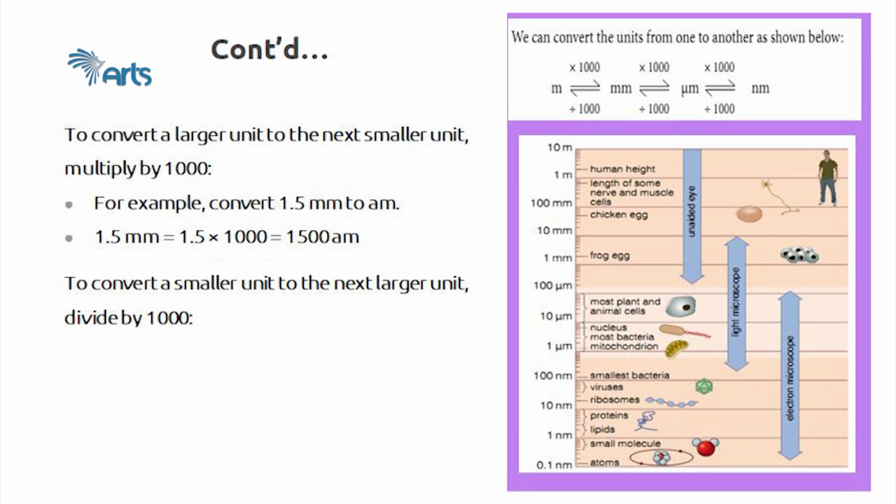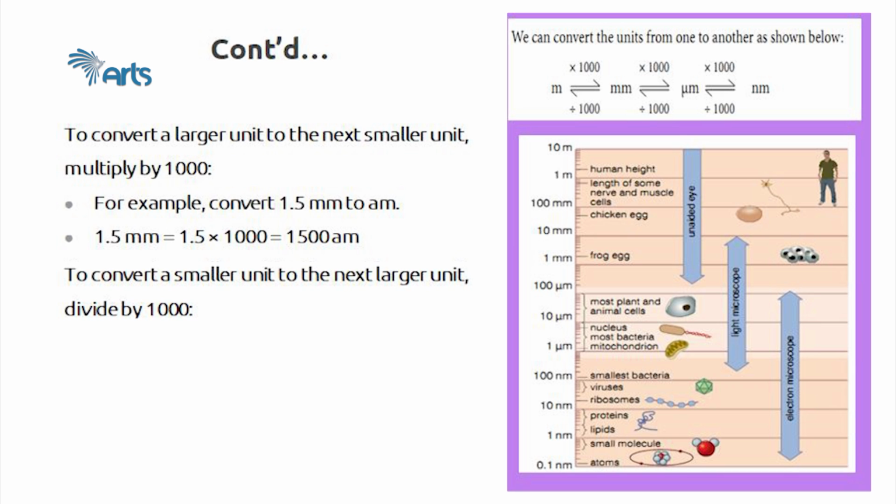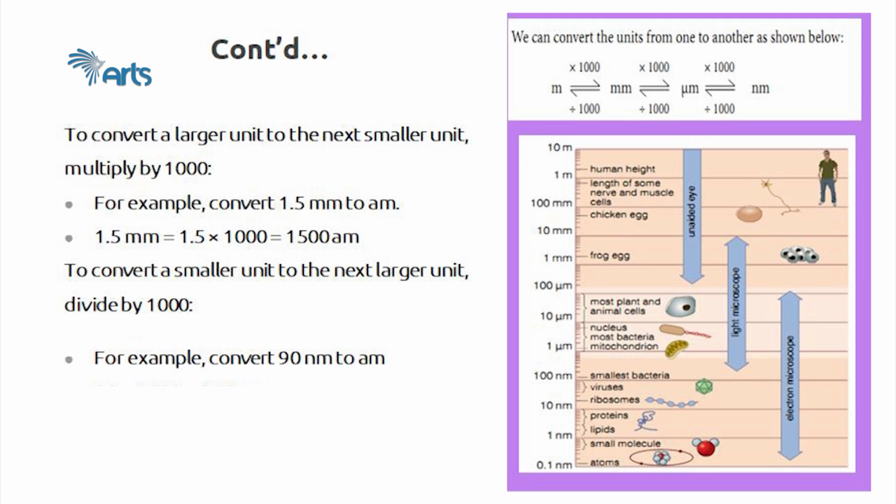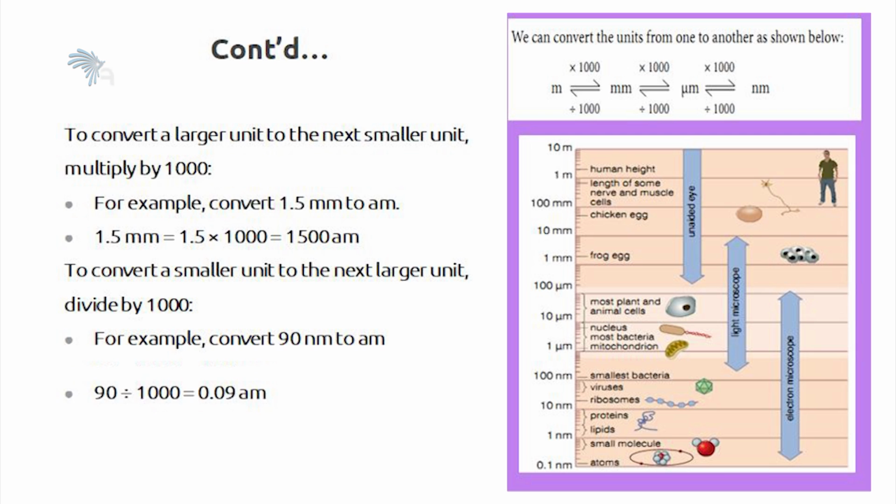For example, to convert 90 nanometers, a smaller unit, to the larger micrometer, 90 divided by 1000 is 0.09 micrometers. This kind of conversion is used in measuring cell size.